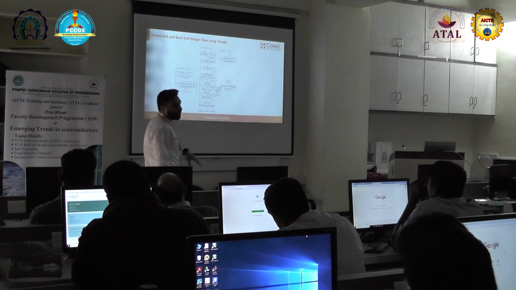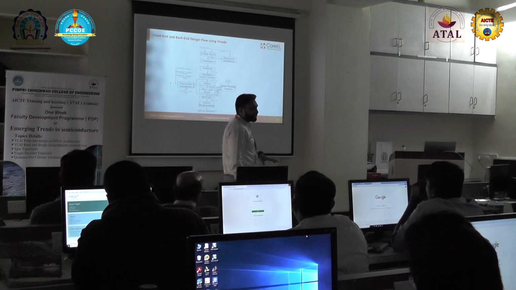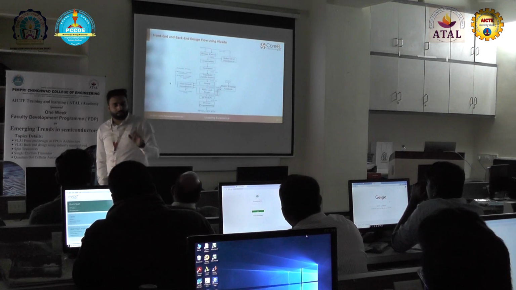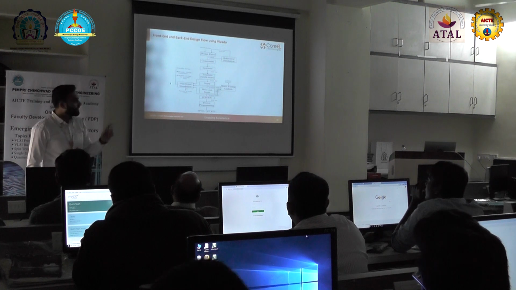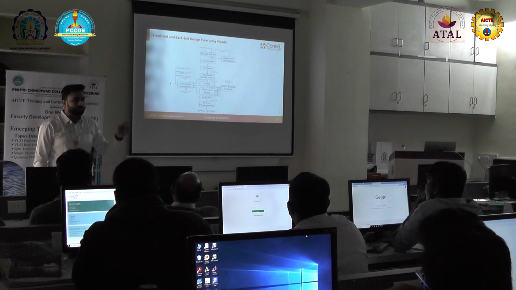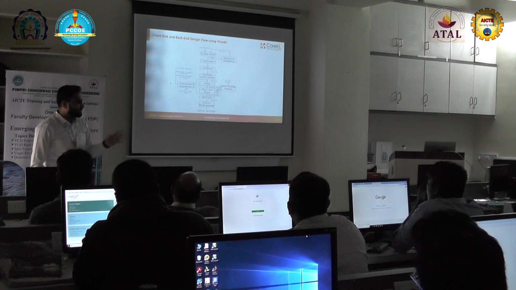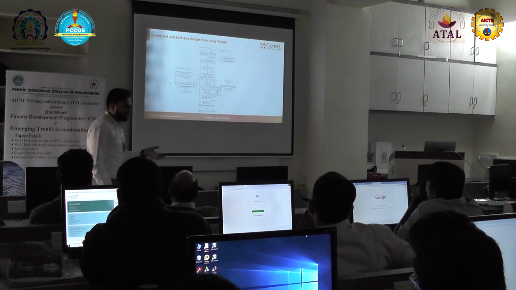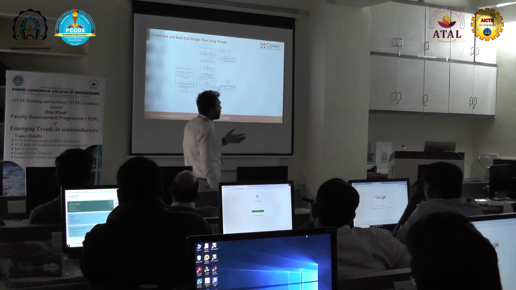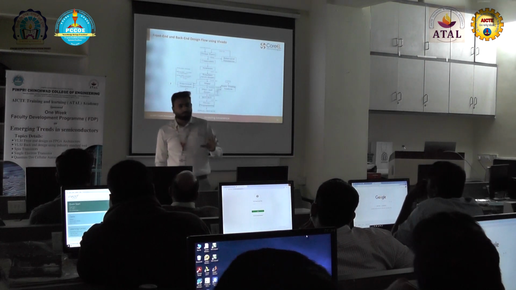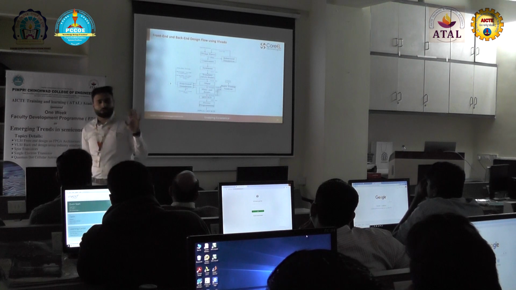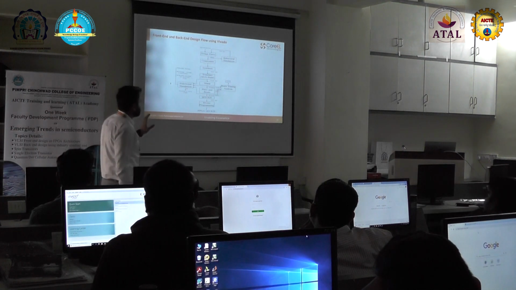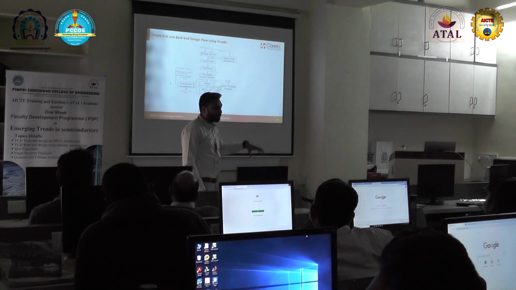Next I am going to the constraints. Constraints means you will have the XDC file, the Xilinx Design Constraints file, which has all the input output pins to be accessed from the board. All the system-on-chip input output pins will be there. All that information is stored in the XDC file, called the master XDC file. That is the master for the particular board you are using.